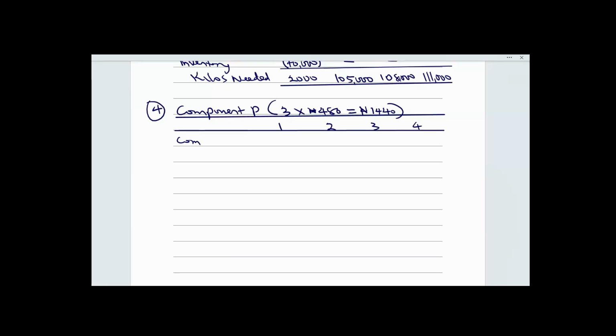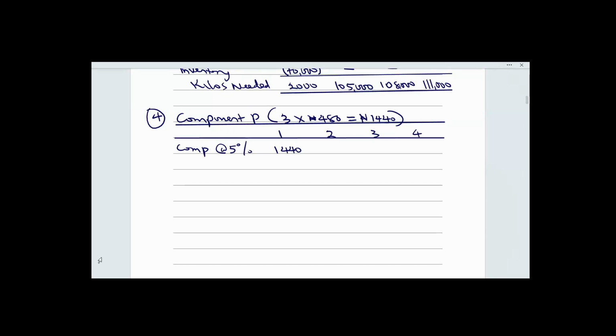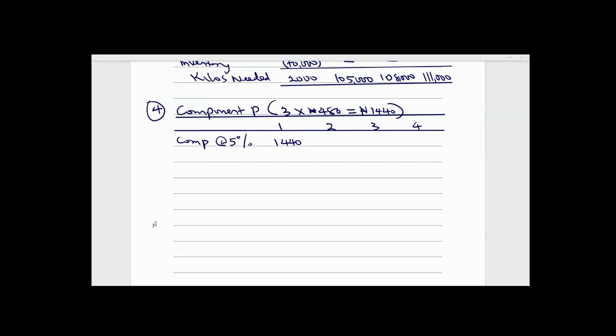So the component, at an inflation rate of 5%. First year price is 1,440. So 1.05 multiplied by 1,440 equals 1,512. 1,512 multiplied by 1.05 is 1,588.